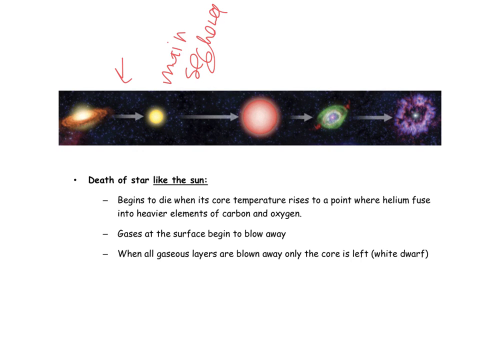Bad writing, sorry. It will expand out and become a giant. And then eventually all this extra material will eject off into space and what will be left is what we have, a white dwarf.